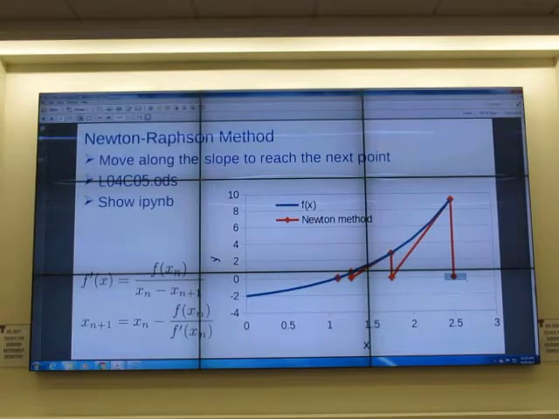So delta y is that point, which is f of xn, if we start at xn and we try to get xn plus 1. And delta x is the distance, so that distance is xn minus xn plus 1.